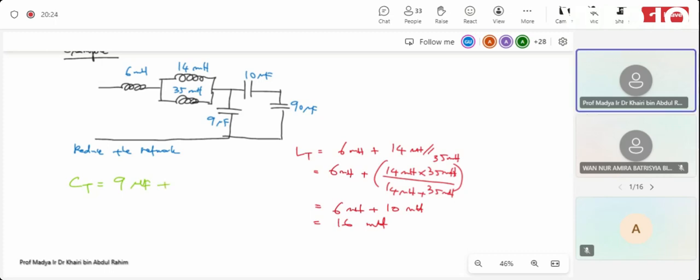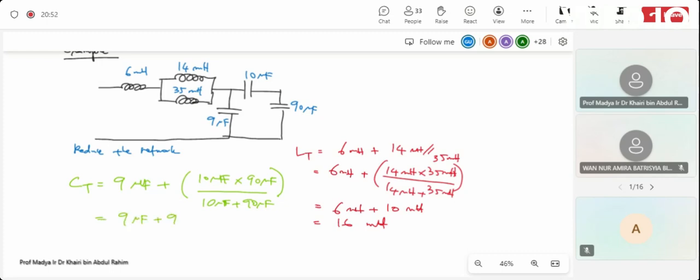Plus 900 divided by, I hope I get it right.